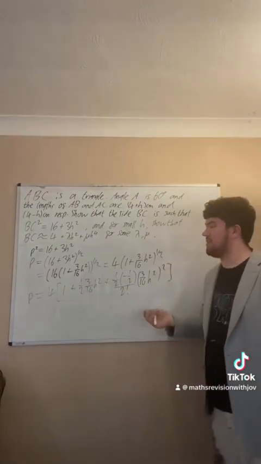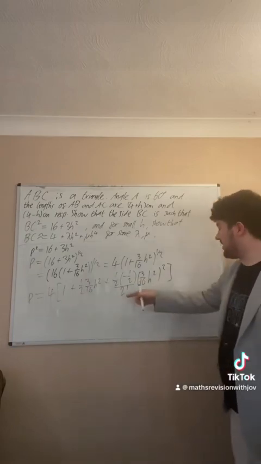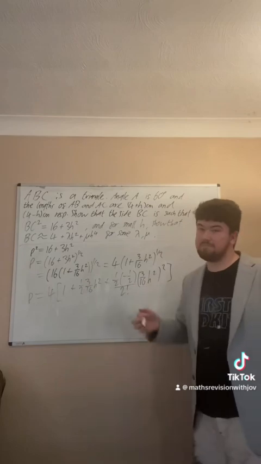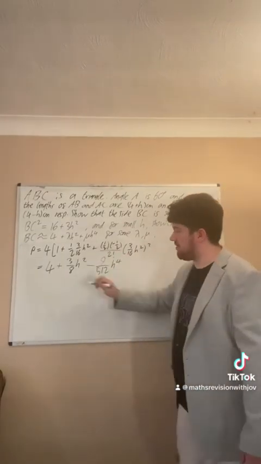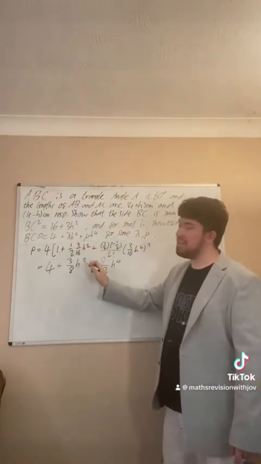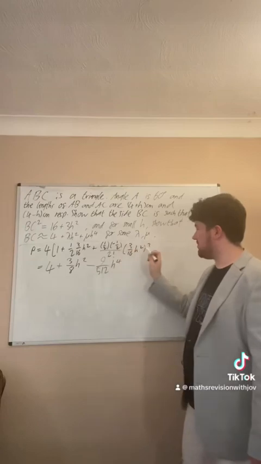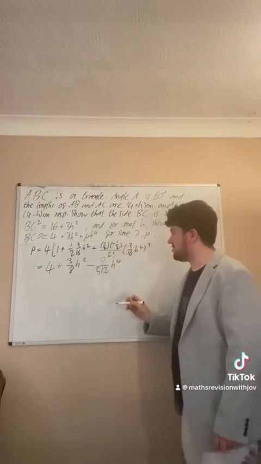Now we've got the gnarly simplification coming up, so I can go ahead and quickly do that just to save you a bit of time. So once everything is expanded and simplified, we actually get that p is equal to 4 plus, this simplifies to 3/8 h squared, and then this simplifies to minus 9 over 512 times h to the 4.